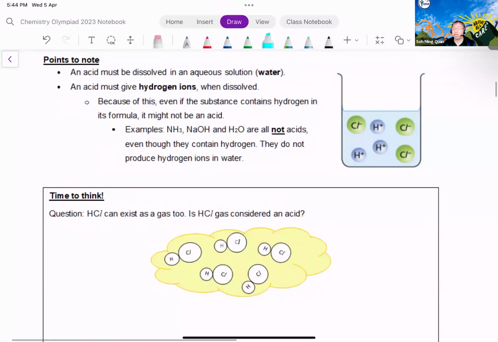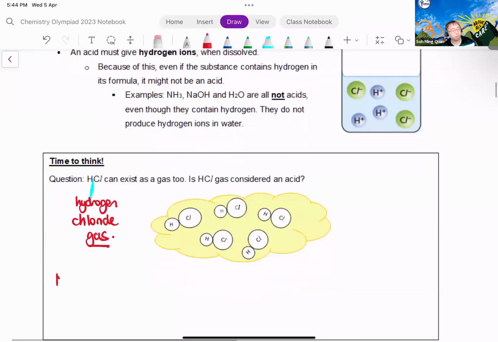So now time to think. HCl, I just gave you example of HCl in the aqueous solution. But HCl can also be a gas, right? It's just a simple molecular structure that exists as a gas. So is hydrogen chloride gas an acid? If it's hydrogen chloride gas, is it acidic?